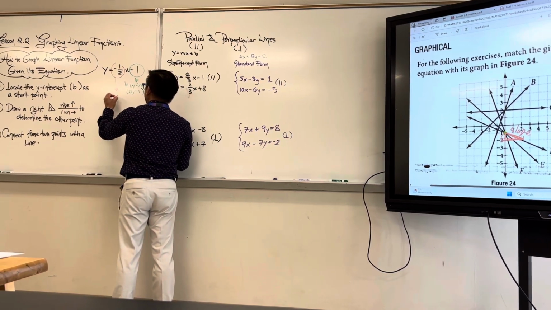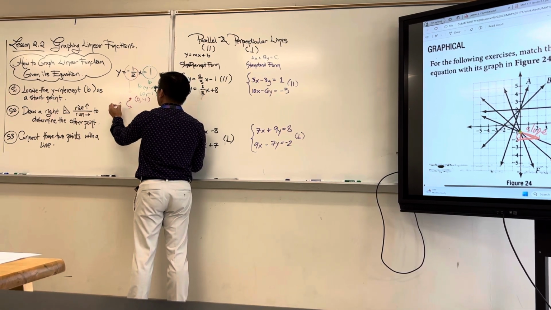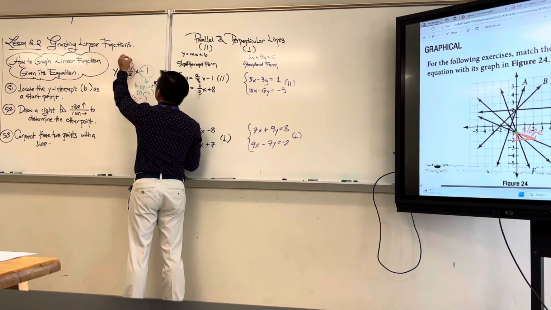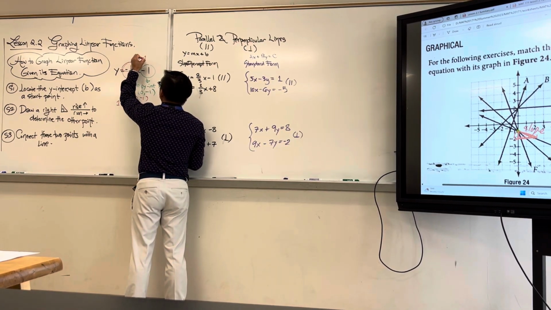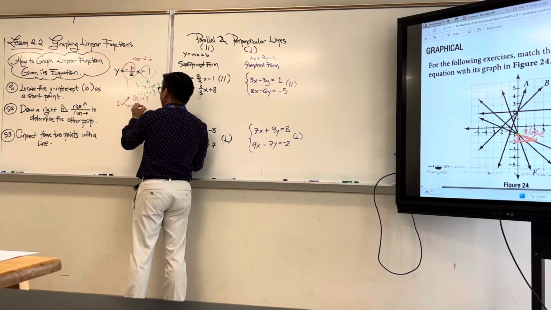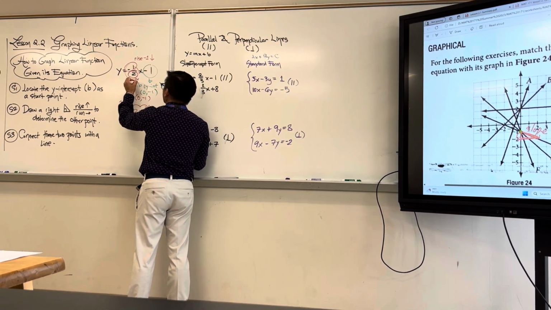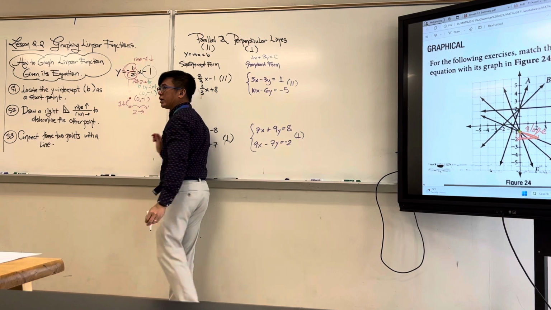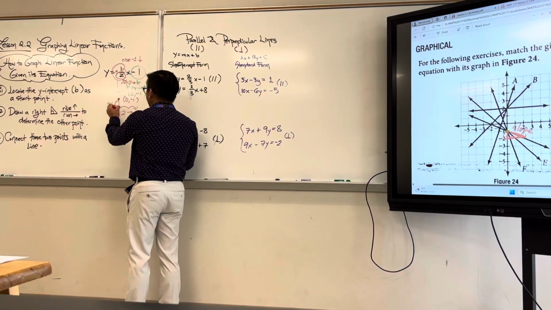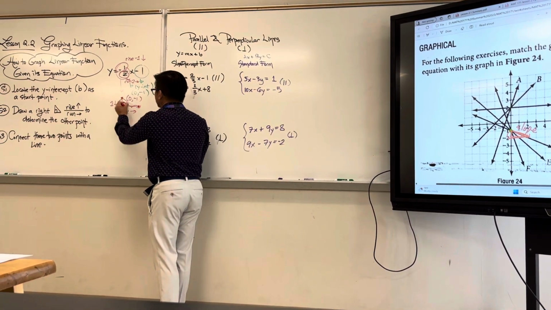From the y-intercept, that's 0, negative 1, you go down 1 unit because of the negative 1. That means down. And from here, 2 to the right, because this 2 means run 2 units to the right because it's positive. Are we good? And then after that, we're going to draw a right triangle out of that. And then, what do we do with that right triangle?